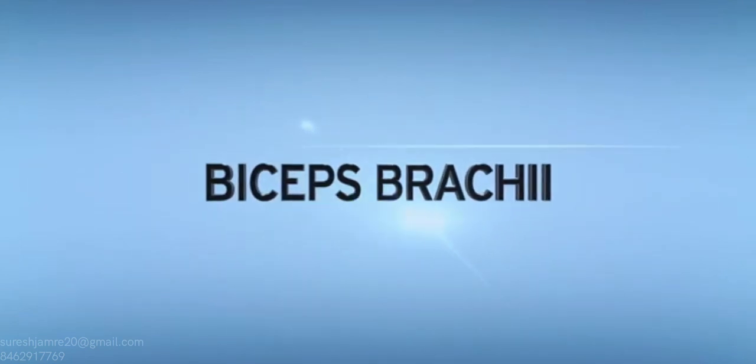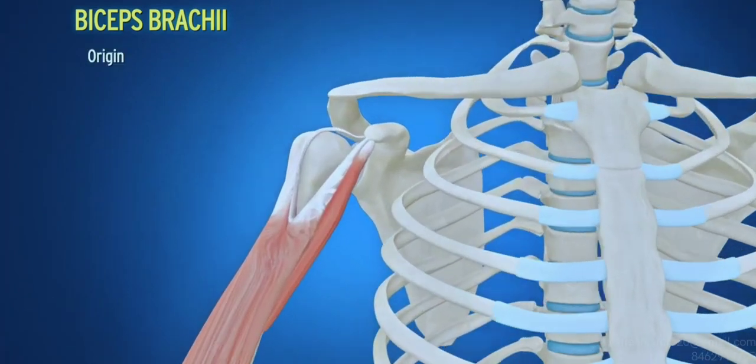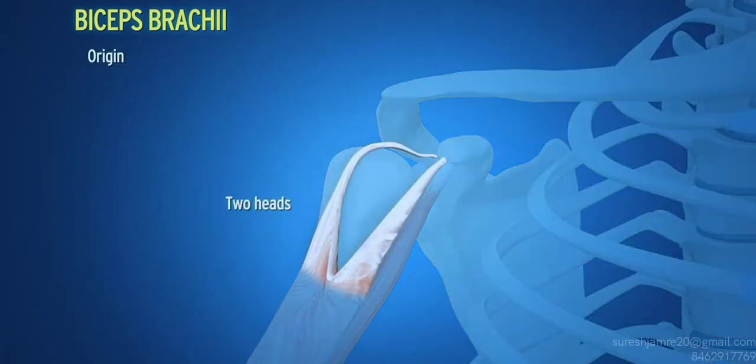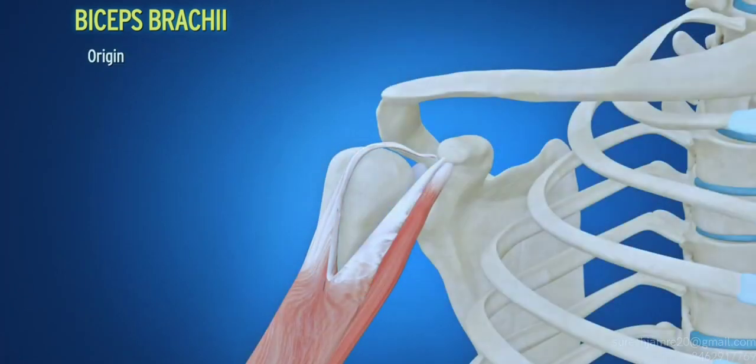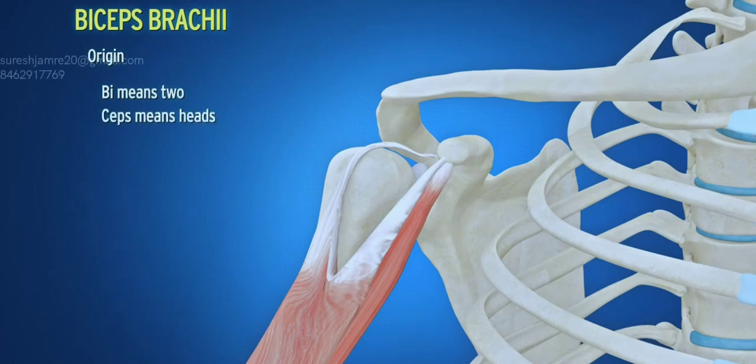Biceps brachii. Origin. It has two heads of origin, hence the name biceps. Bi means two and ceps means heads.